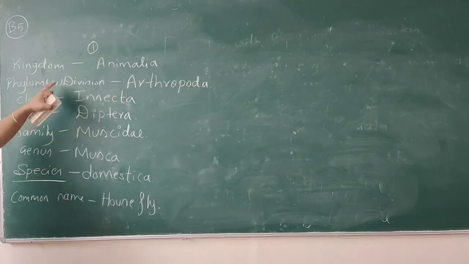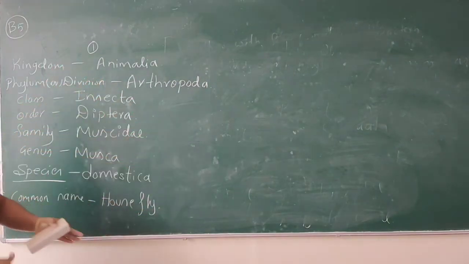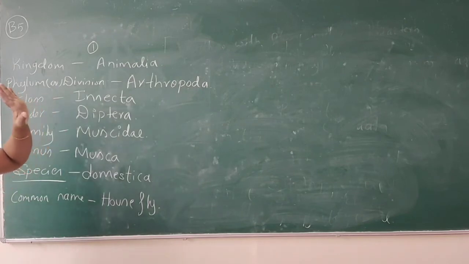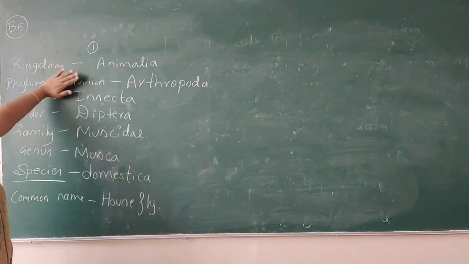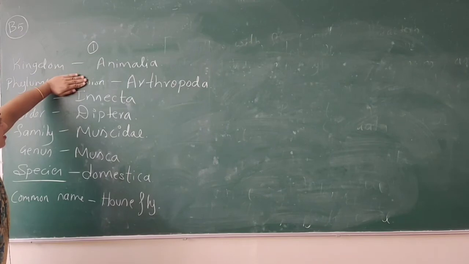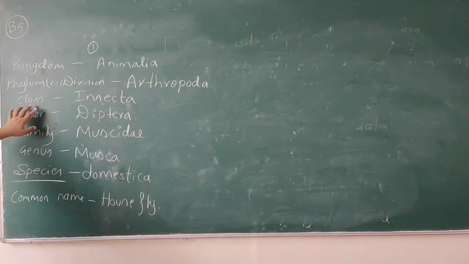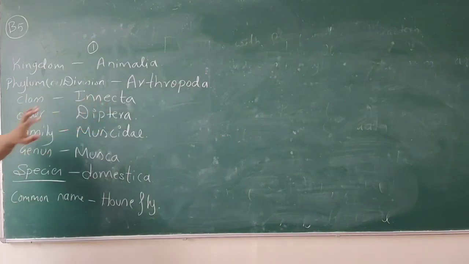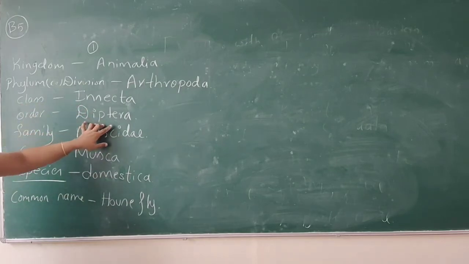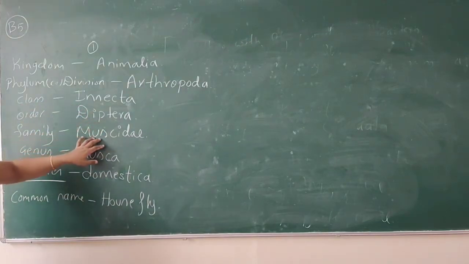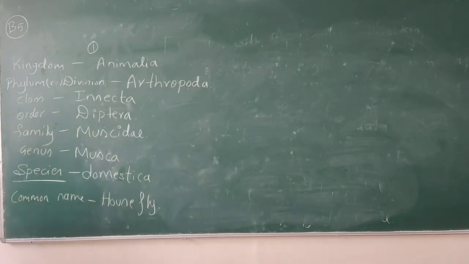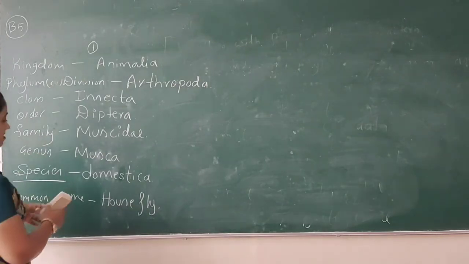While writing the animal systematic position, you can delete the option Division. Housefly comes under the class Insecta, order Diptera, family Muscidae, genus Musca, species domestica.